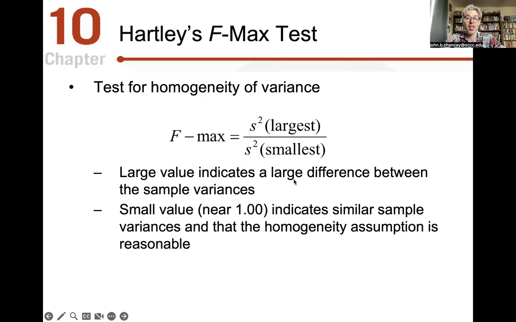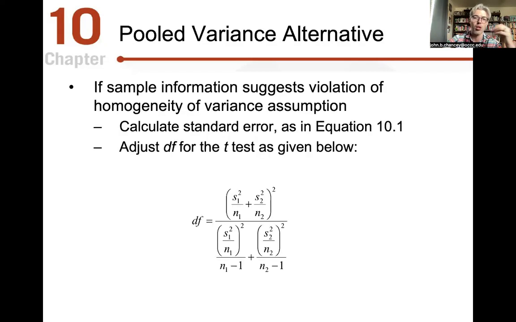The larger value indicates a large difference between your sample variances, which indicates you might be violating that assumption. A smaller value, closer to one, indicates similar sample variances and that the homogeneity assumption is reasonable. The variances are reasonably equal.